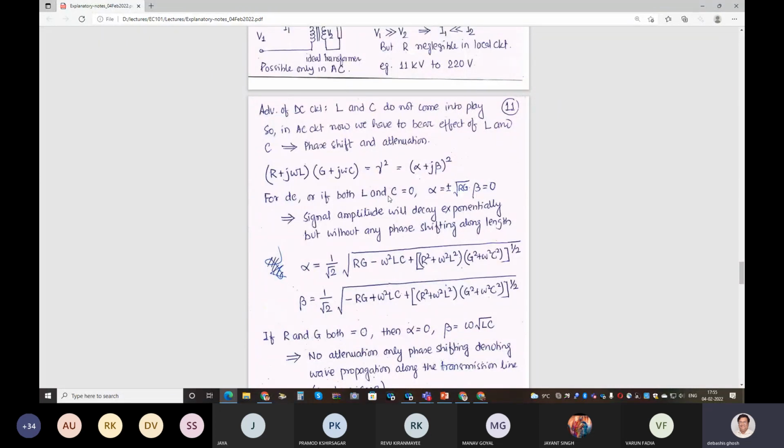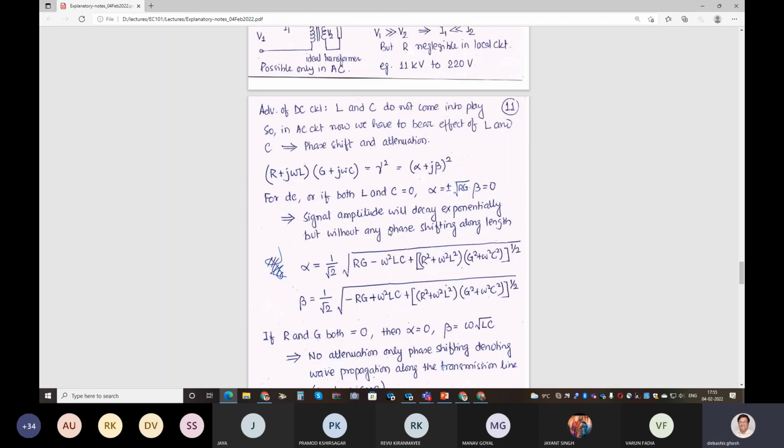In power line transmission we go for lower frequency, because otherwise L and C will have a large effect in power transmission. That we don't do.